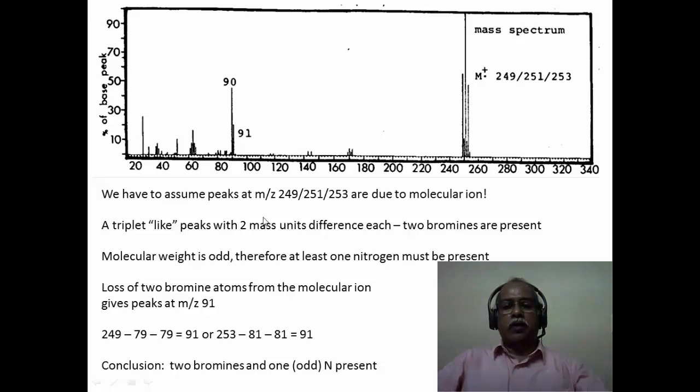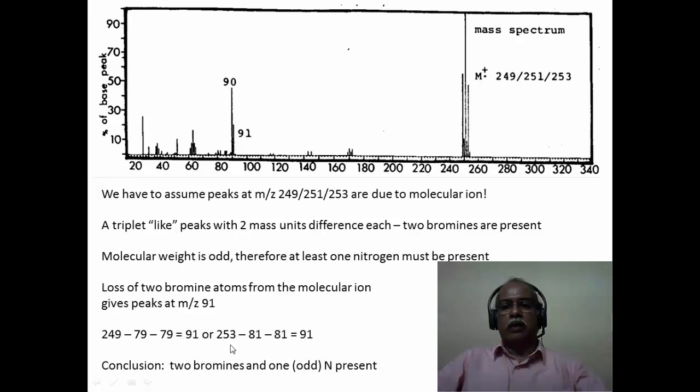In addition to that, you also look at the molecular fragmentation. The molecule fragments by losing 2 bromines sequentially, one after the other, to give 91 as the fragment peak here. In other words, 249 minus 79 minus 79, which is a loss of 2 bromine units, corresponds to 91.